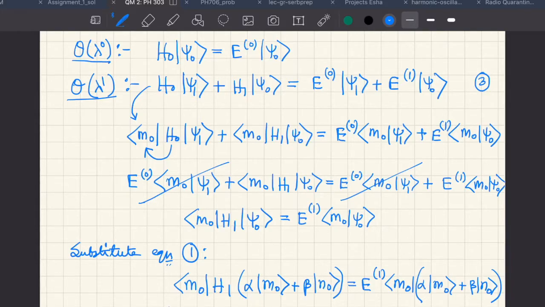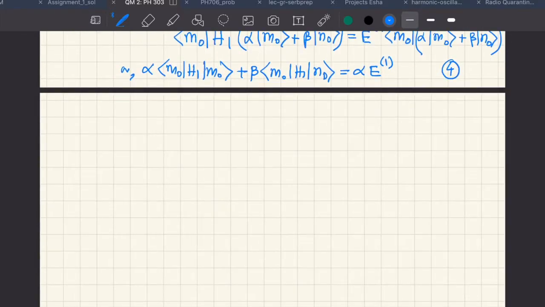This is equal to alpha times E1. This is our equation number 4. Why alpha times E1 only? Because this alpha is a number, so it will come out, and what will remain here is the m naught inner product, and the second term there will be the m naught n naught inner product, but because of orthogonality the m naught n naught inner product is going to give you 0.